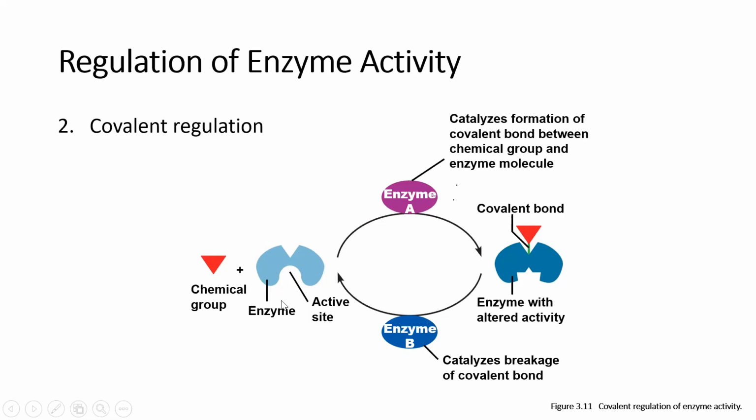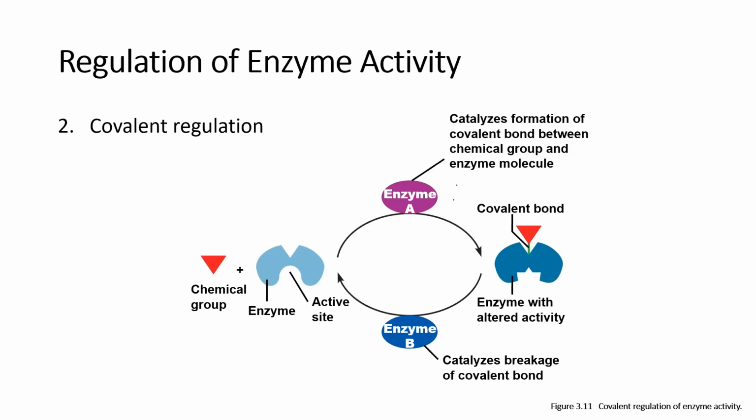And then another enzyme helps to catalyze the formation of covalent bonds, which adds this functional group on. That will help the reaction to proceed in one direction. And then if we remove this functional group, which is done by another enzyme, enzyme B, that will help the reaction to proceed in the opposite direction.